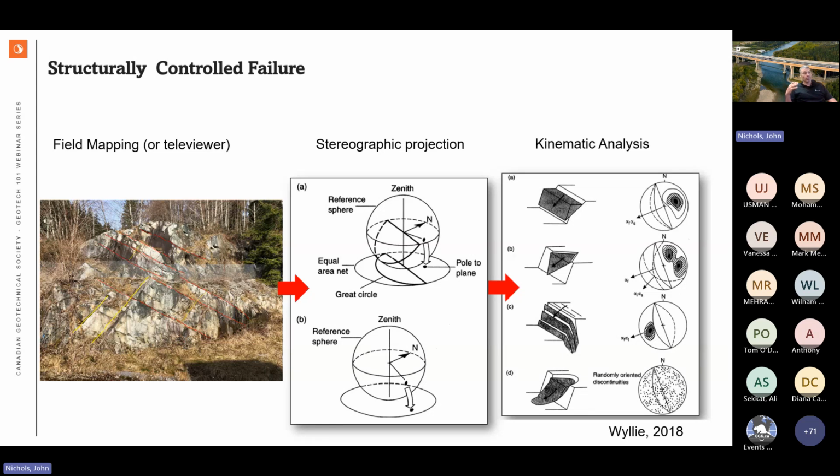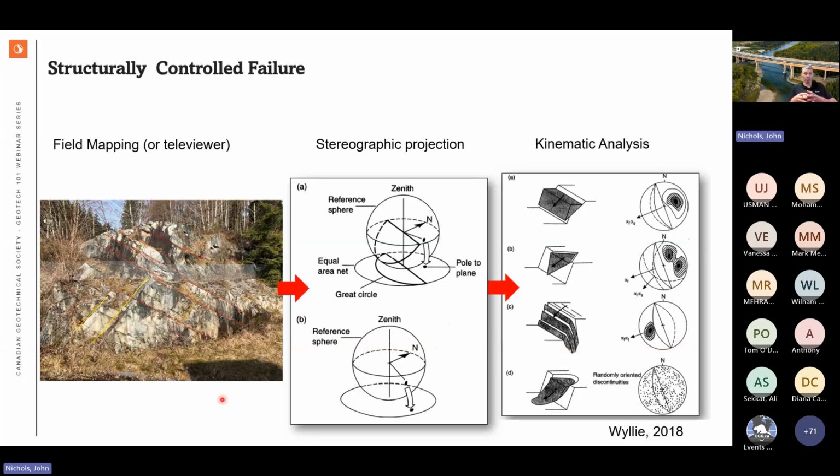To do this, obviously we have to start with the mapping. We have to map the orientation and the strength of these discontinuities. The next process is, you can see in this faint red and yellow, I've done some sketching of this outcrop. We take that data and put it on a stereographic projection.